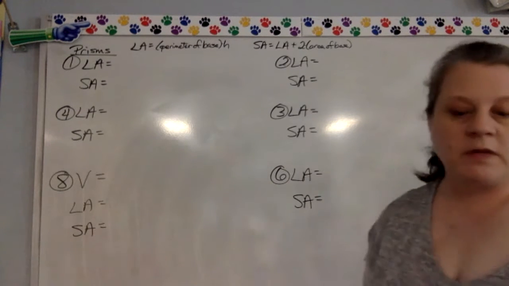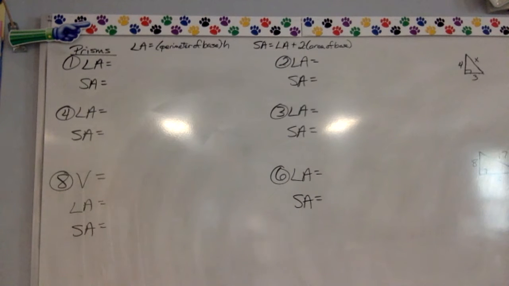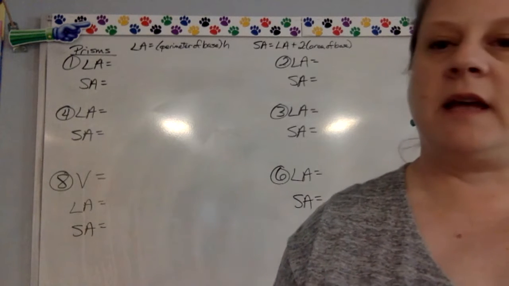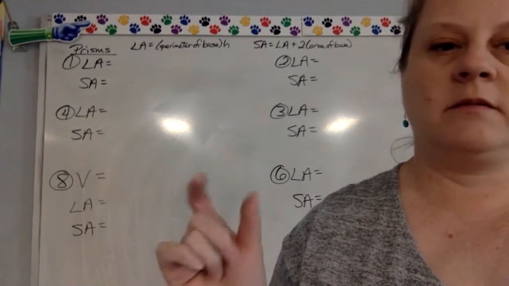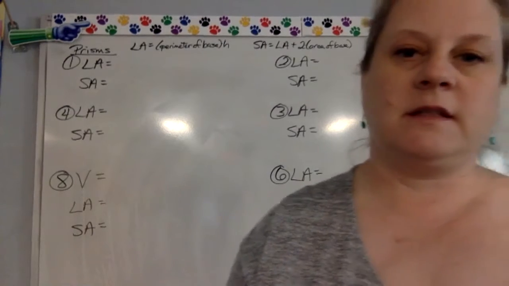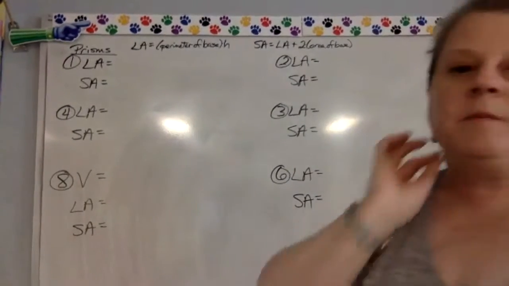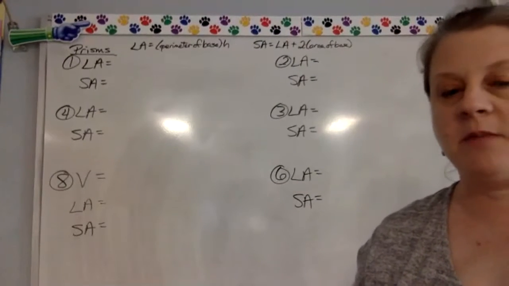So with our prisms yesterday, for the volume, remember, was just the area of the base times the height of the prism. The height of the prism is the distance between the two bases together. Now, when we're doing the prisms, if it has a shape other than a rectangle in it, that shape is your base.